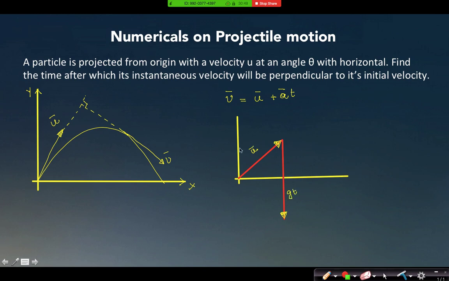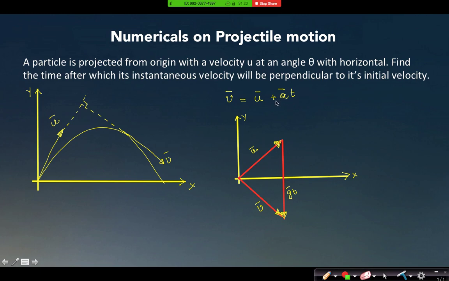The resultant will be in the opposite sense. So according to the triangle rule, this will be the velocity vector: u plus gt is equal to v. Can you relate this vector triangle with this equation?